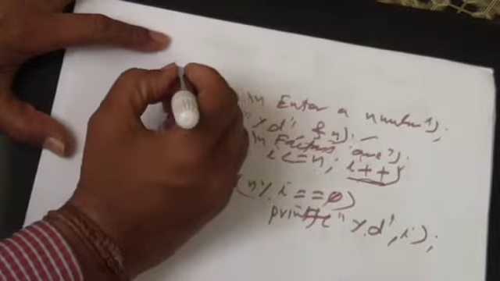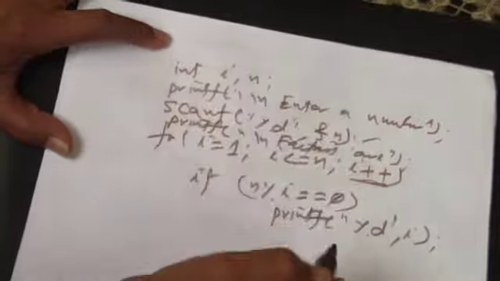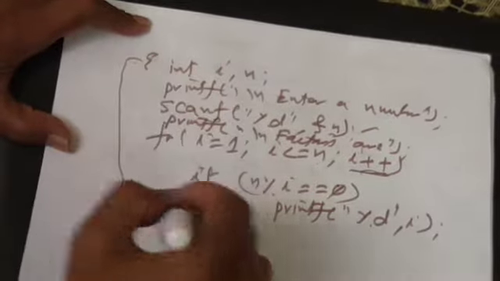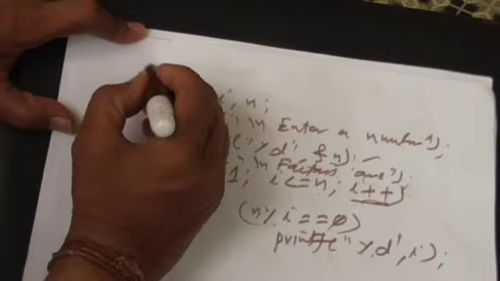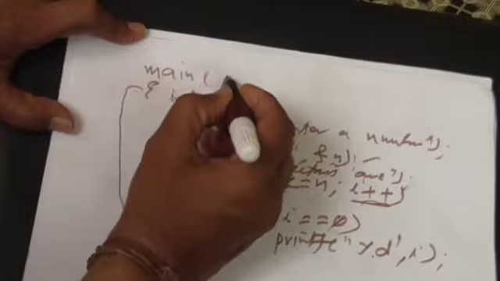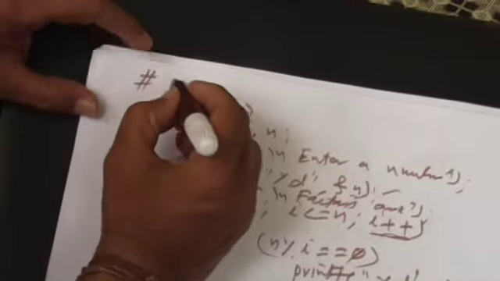You declare n and i as integers. So this is exactly what the declaration does. Now you can write, as usual, the main function, and to execute it, you can write here.